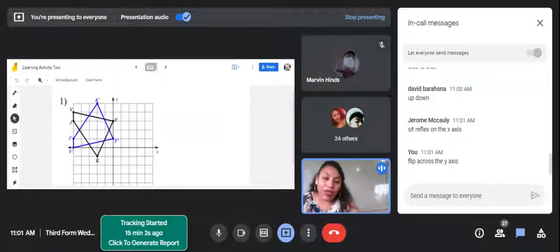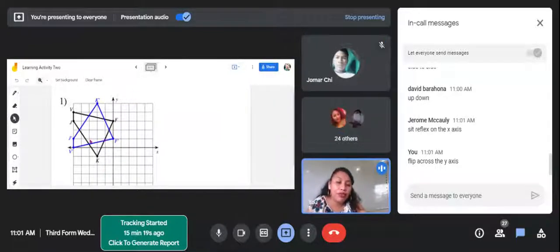This shape does not reflect right on the y-axis, because the y-axis is this line in bold. Okay. If it were a reflection on the y-axis, meaning that it is a flip. One second, guys.